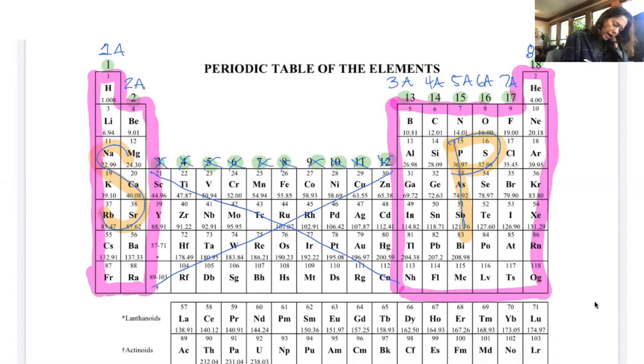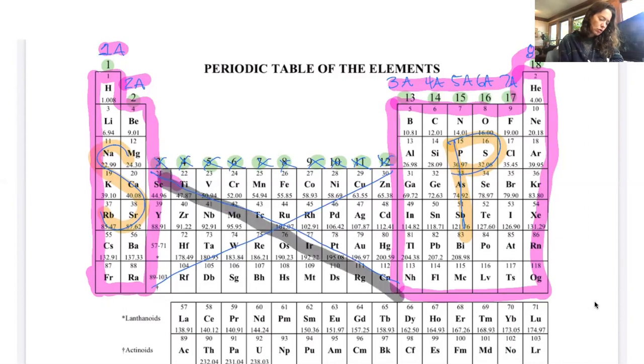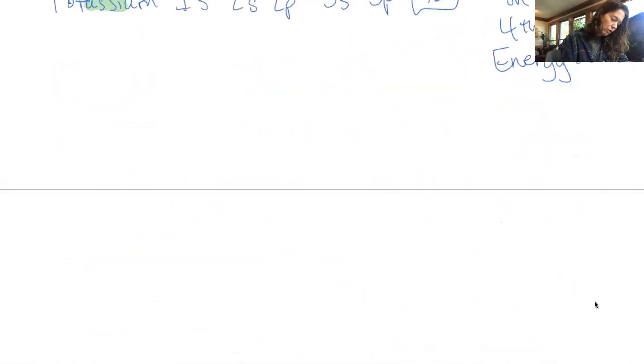And when I do that, I count from 1 over to 8. When I count my groups in such a way by omitting the D block, I just don't include these groups, and when I count them 1, 2, 3, 4, 5, 6, 7, 8, what I see is real important.